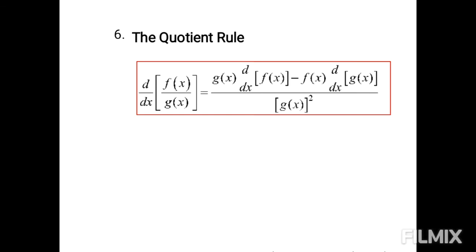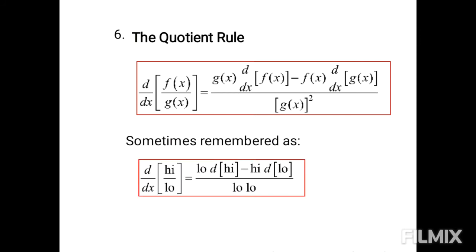Or sometimes we remember it this way: say we have these functions. We call the function of the numerator as high and the function of the denominator as low.